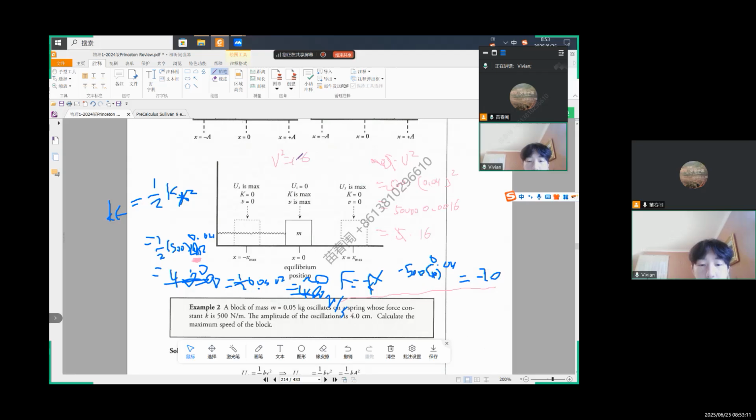Hmm. Wait, it's 10. 10 equals, wait, 1/2 times 0.05 times 10. Wait, how did I get that? That doesn't make sense. I got 0.5 when I did it again.